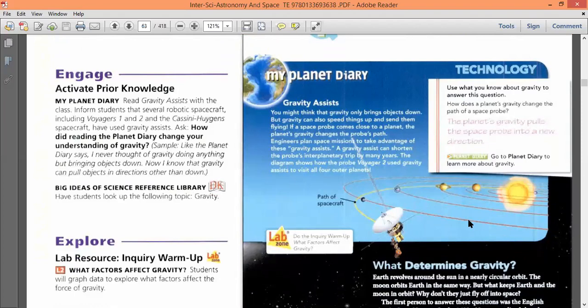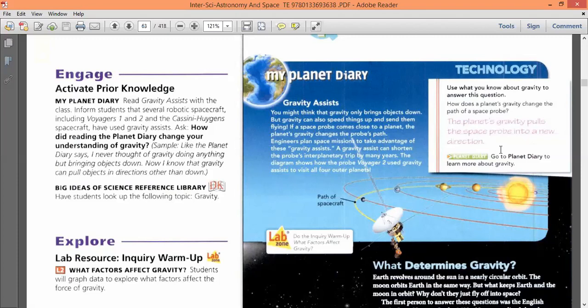So gravity does not just pull it towards the sun, but causes it to move, like a satellite, Nilesat or Arabsat, which is revolving around Earth. What makes it revolve in a fixed orbit? It's also gravity. So gravity is not only a pull, but it can also make objects move, change their direction, or keep their direction.